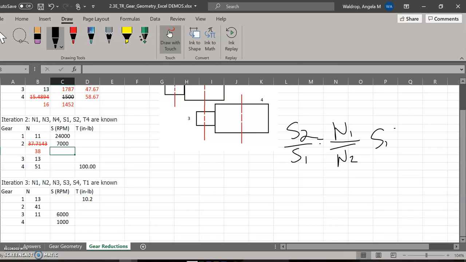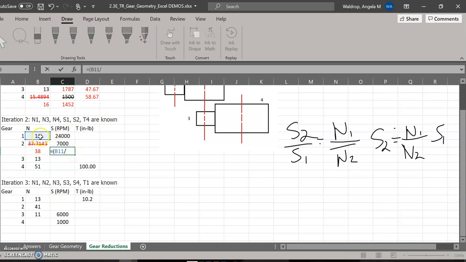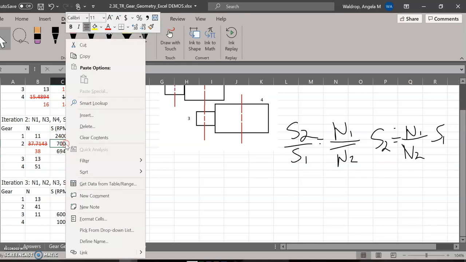And when I'm doing this, my S2 is going to be N1 over N2 times S1. I'll do that calculation very quickly: N1 divided by N2 times my S1. And there we go. And I'll cross this out.